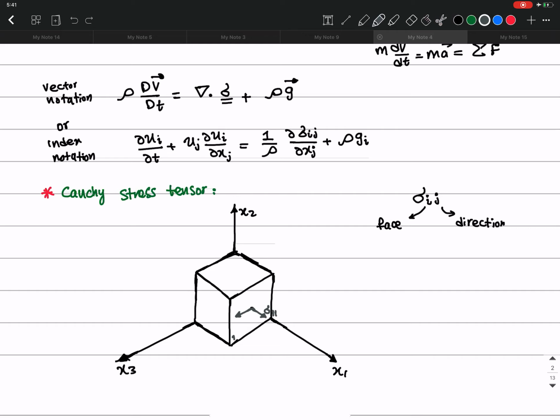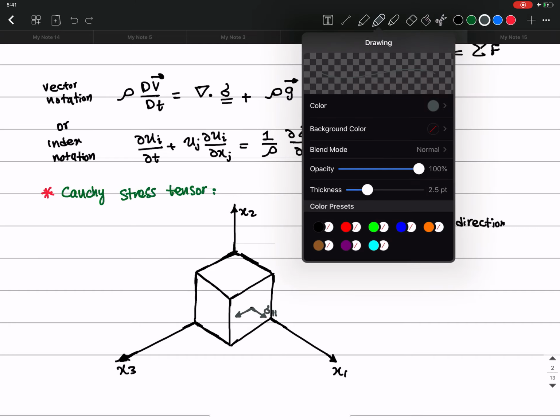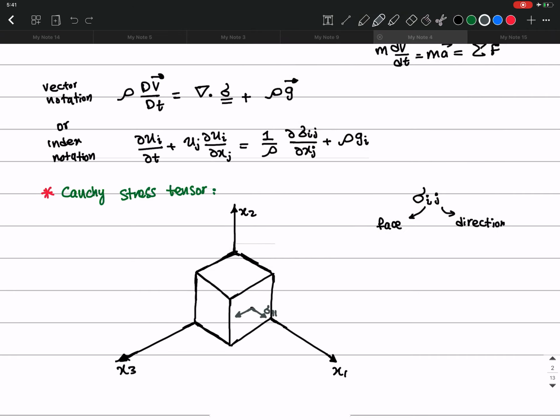Let me write it down here so you better understand. So this is phase 1, this is phase 2, and this is phase 3.